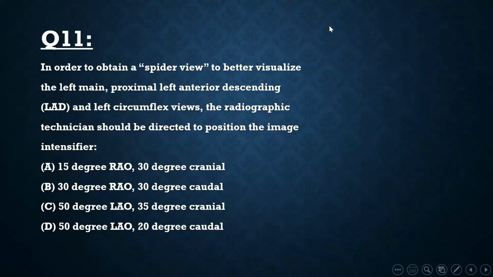Okay. Question 11. Okay, I can take it. Yes, please. In order to obtain a spider view to better visualize the left main, left anterior descending, and left circumflex, the radiographic technician should be directed to position the image intensifier to: A, 15-degree RAO, 30-degree cranial; B, 30-degree RAO, 30-degree caudal; C, 50-degree LAO, 35-degree cranial; D, 50-degree LAO, 20-degree caudal.